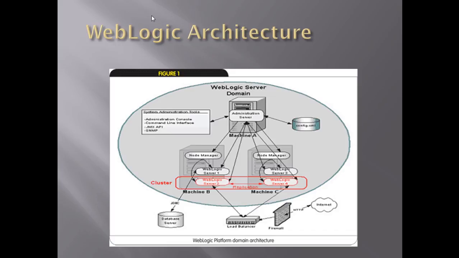Whenever a request comes, the load balancer will route that particular request to a machine or a server to serve it, based on an algorithm like round robin or random, so that the request will be served as fast as possible.